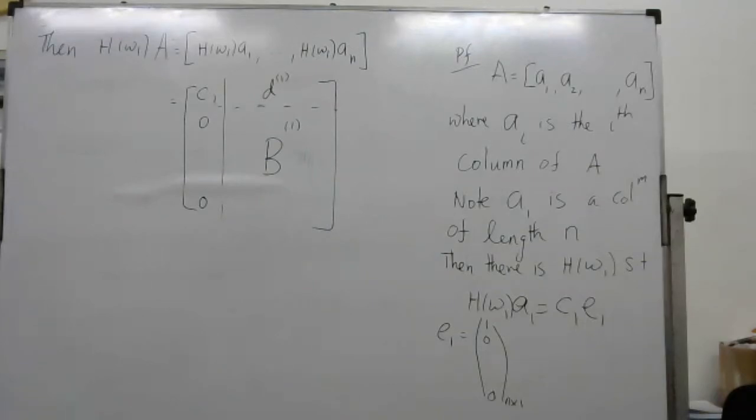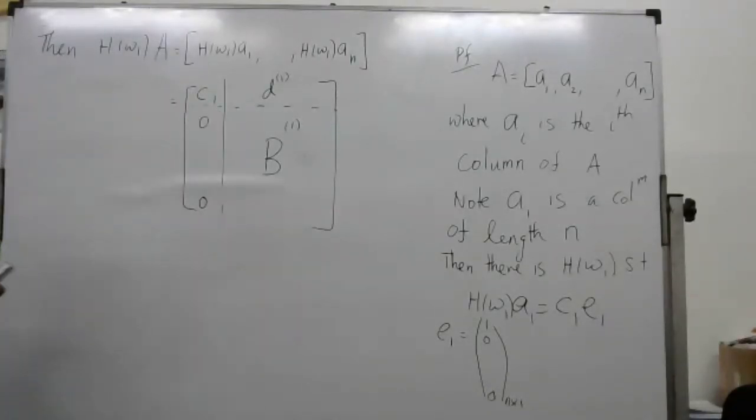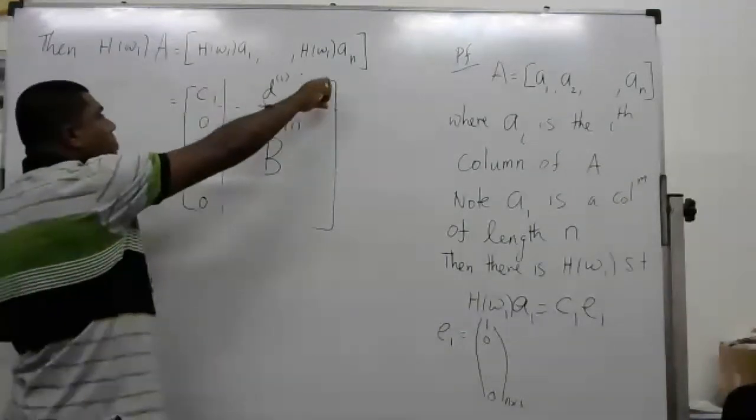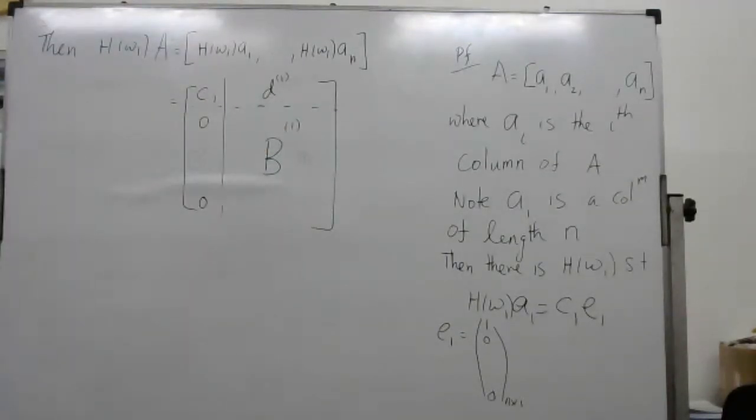Now we break that matrix into four pieces. One component here, a column of all zeros here, and a row of some components which you name D1, and B1 is another matrix.